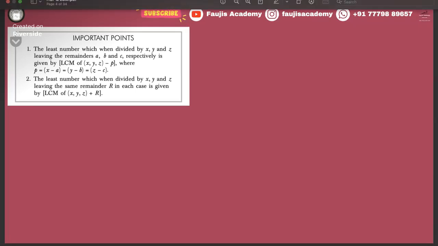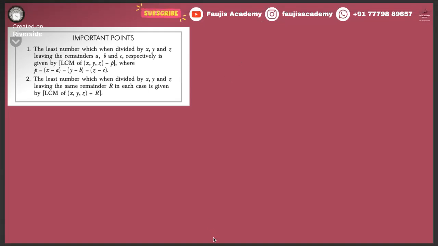If you have a case like this, wherein the difference between the divisor and the respective remainder is the same, a constant number, what you have to do is find the LCM of the given numbers minus the constant.